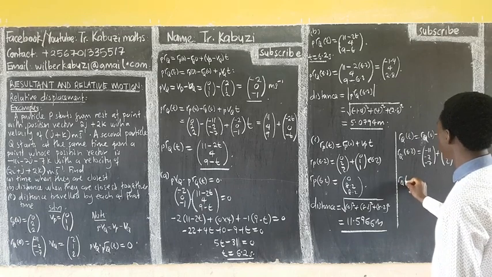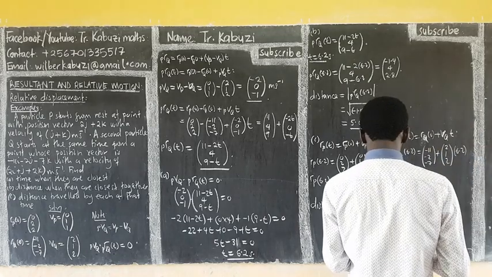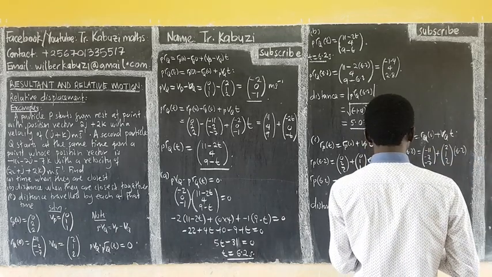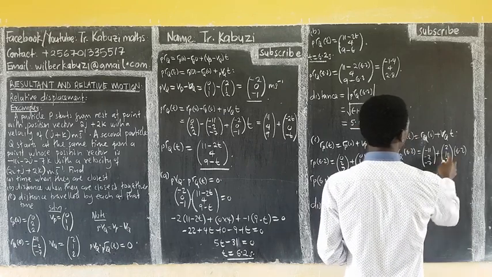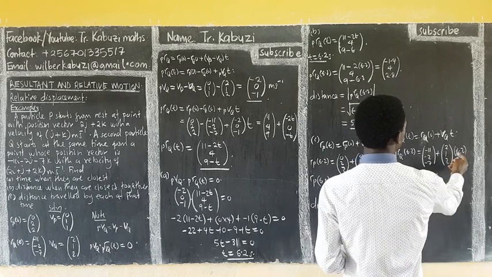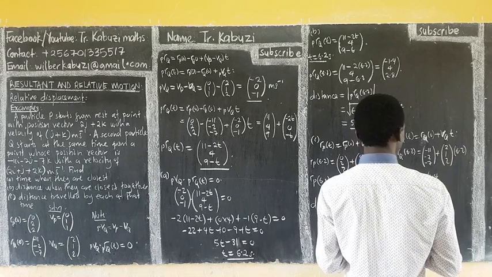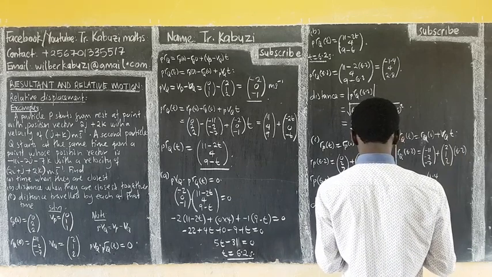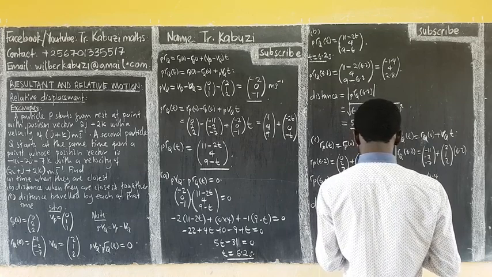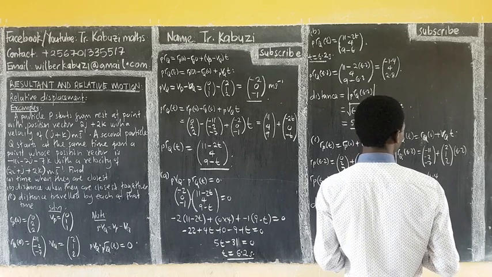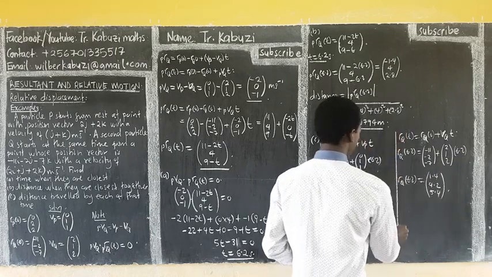And this RQ is going to be 1.4. Then 6.2 minus 2, that's 4.2. Then 12.4 minus 7, 5.4.